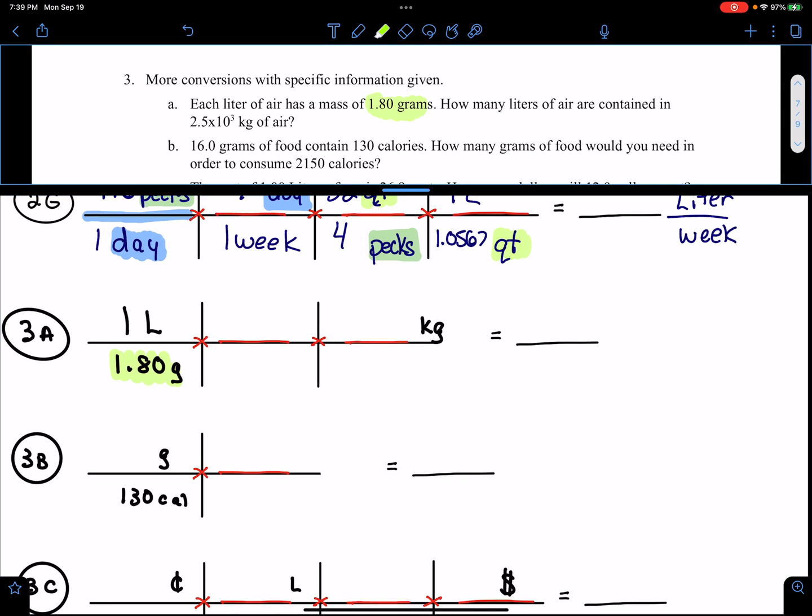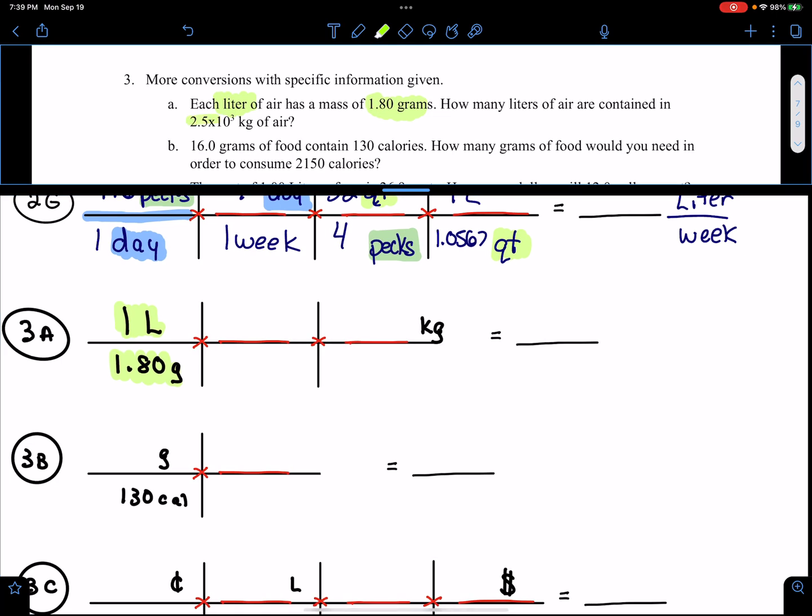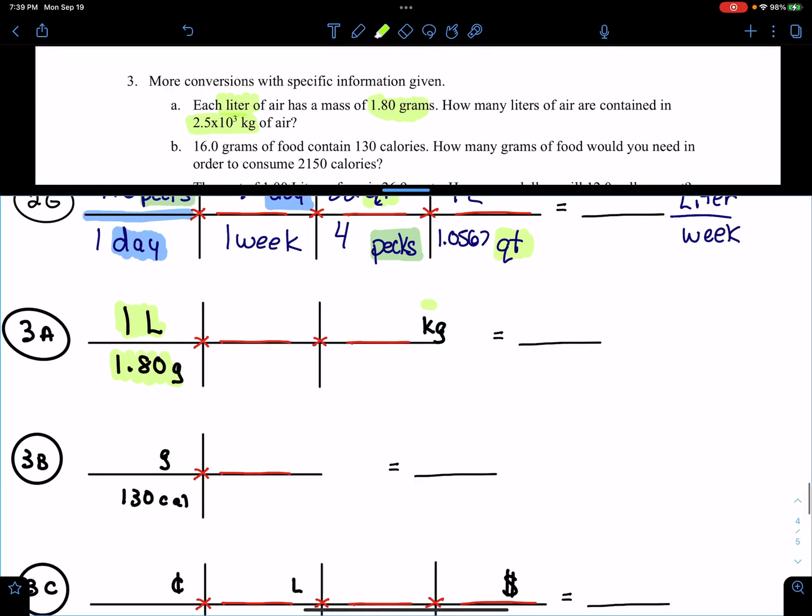It says each liter, I've got that for you up here. Now, the other number that I gave you in the problem is this. So where is that going to go? That is going to go right up here by itself. All right, so this one is not going to have anything more than just the 2.5 times 10 to the third. So we're going to leave it right like that.